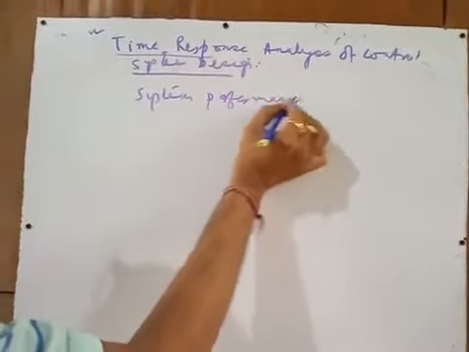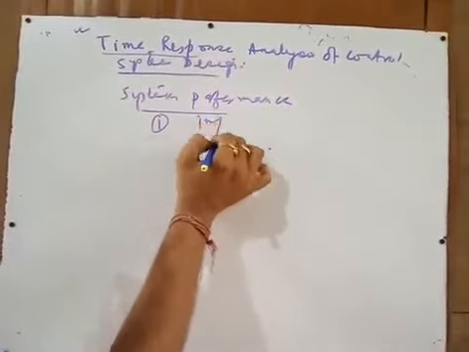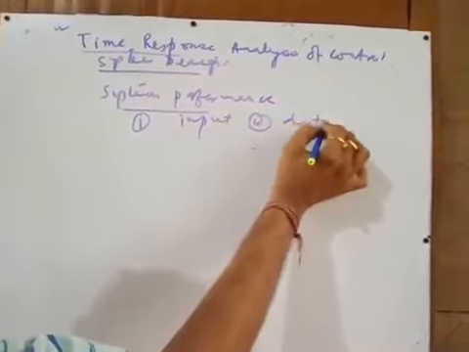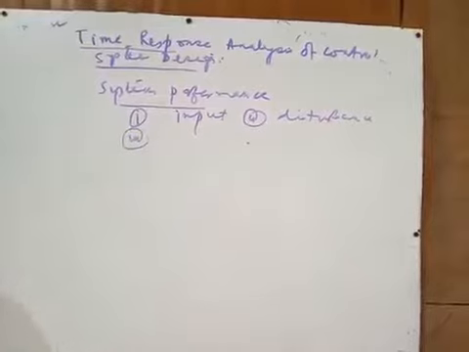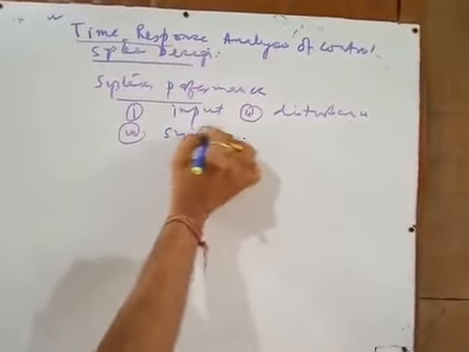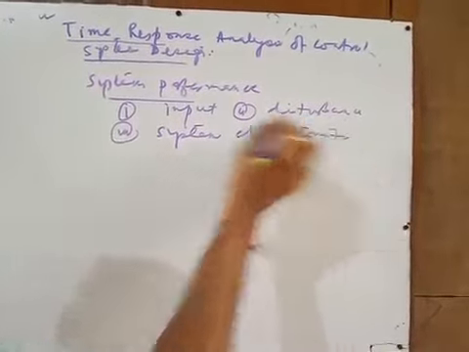system performance depends on factors like number one, the nature of the input, number two, the disturbance, and number three, your system characteristics.